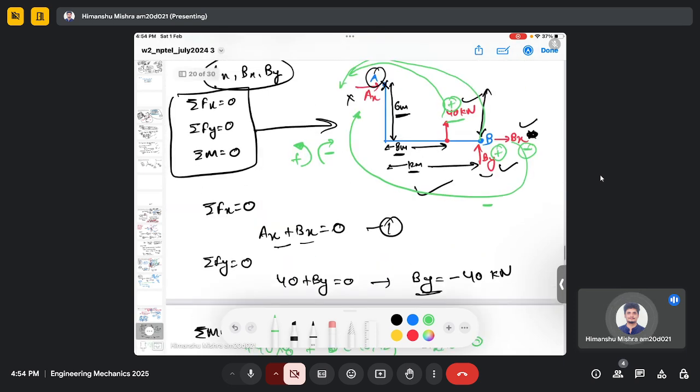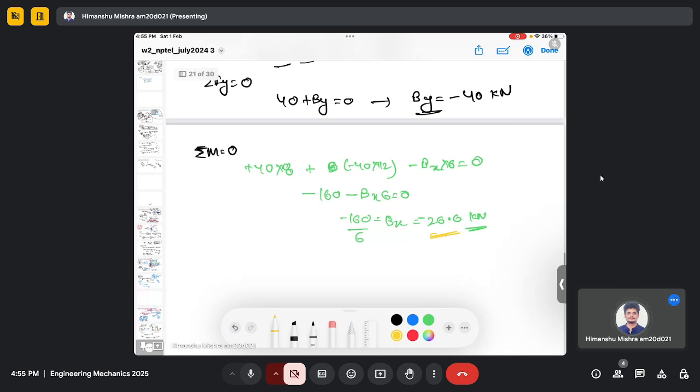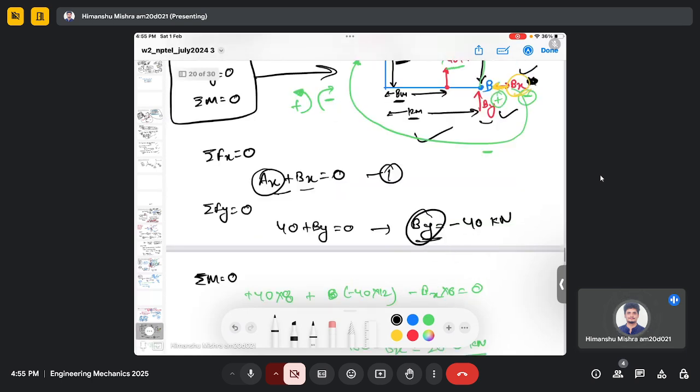So the direction of Bx we considered is wrong. Bx should be in this direction. And we found the value of Bx, which is 26.6 kilonewton. And we found the value of By, which is minus 40. Now we need to find Ax.